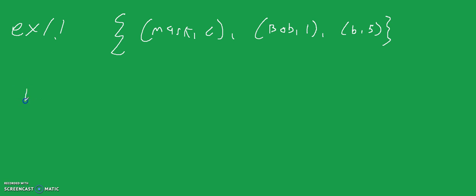But now our job is to go down here and find the domain and the range. So just like I did before, I go in red and I mark all my first components. I mark them, get it? And I write that as a set, so my domain is the set {Mark, Bob, B}.